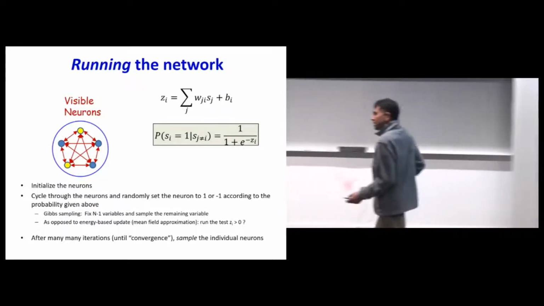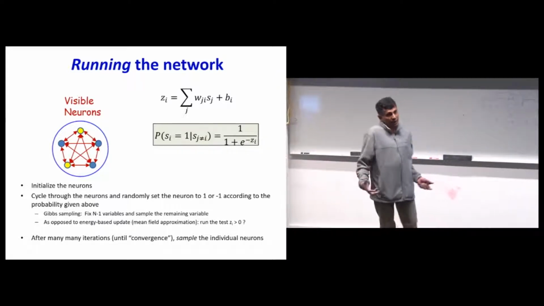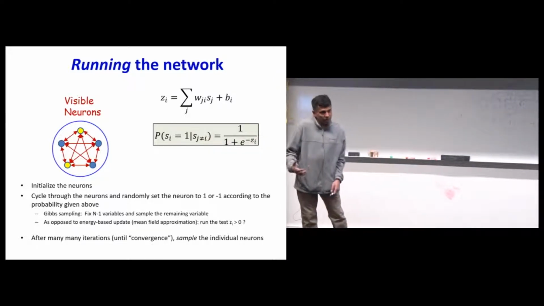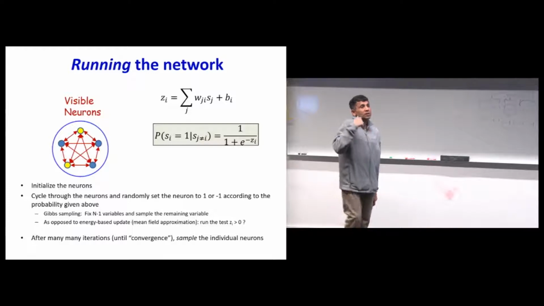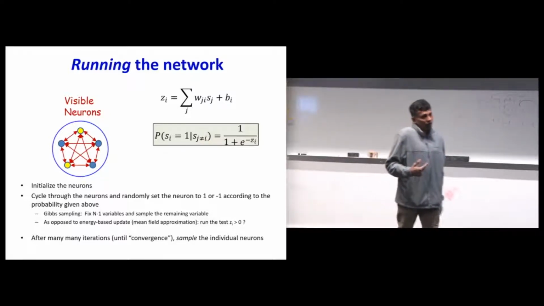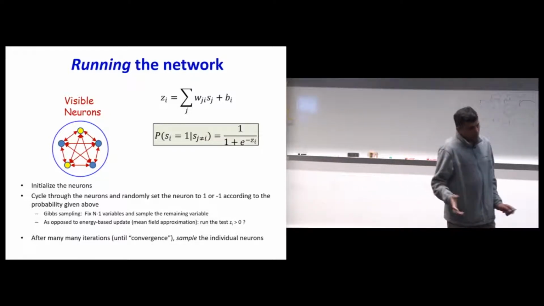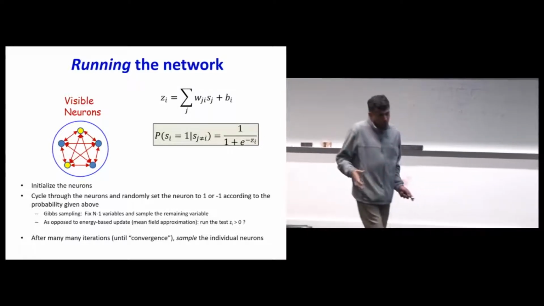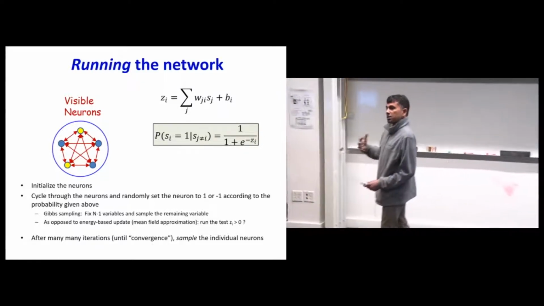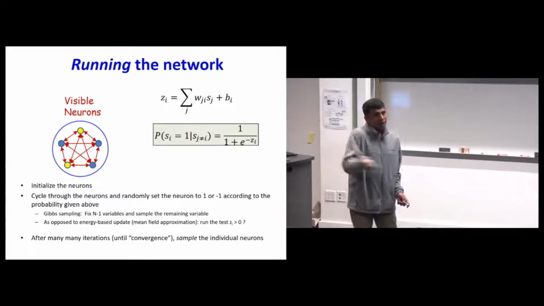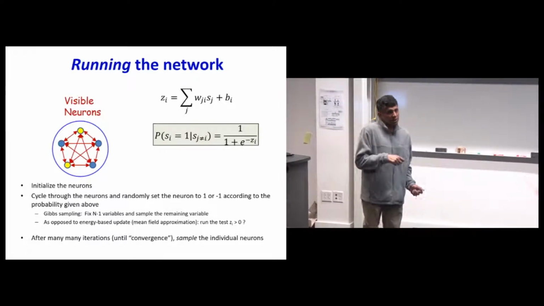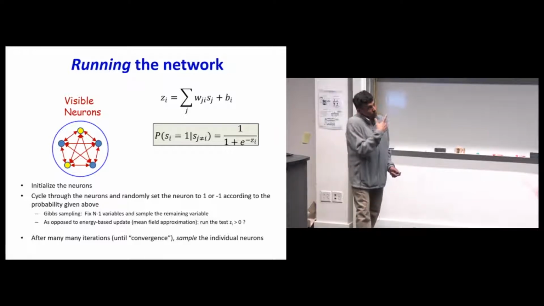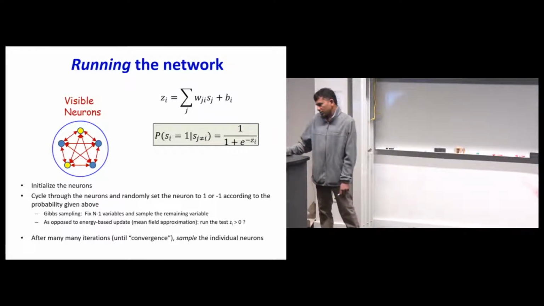And if I keep repeating this, eventually the network is going to settle at some configuration. So this is going to be one sample drawn from the network. And what I mean by saying that the Hopfield network is a probability distribution is that if I repeated this process many, many times and sampled many sequences, the distribution of those sequences is going to be the Boltzmann distribution.